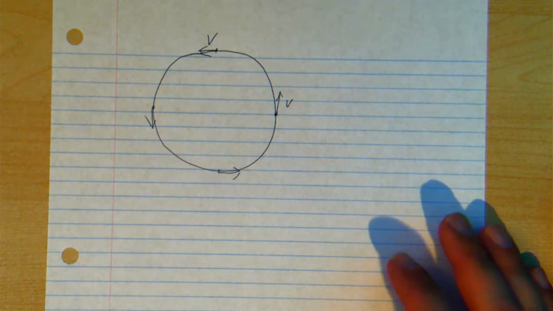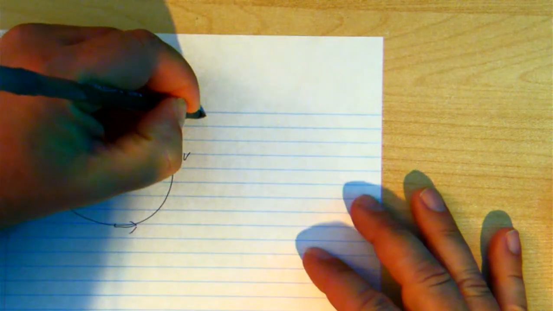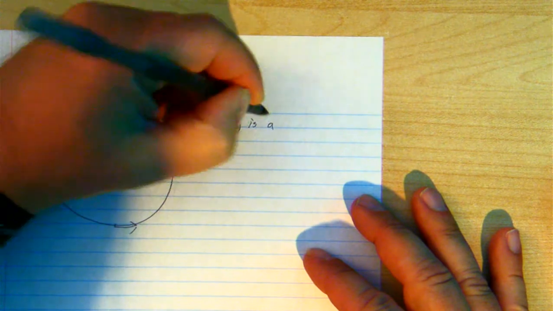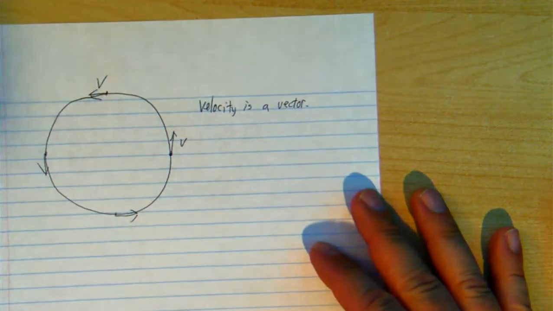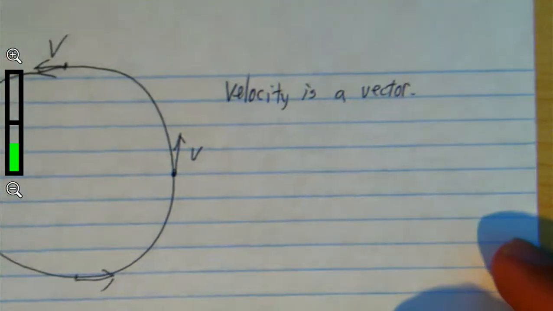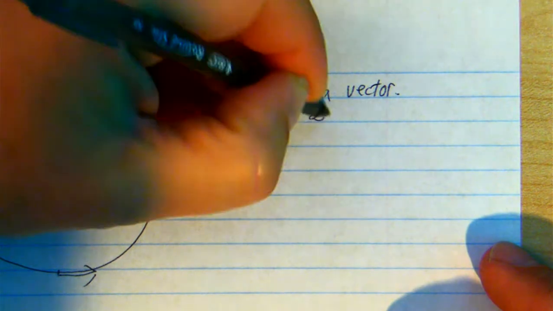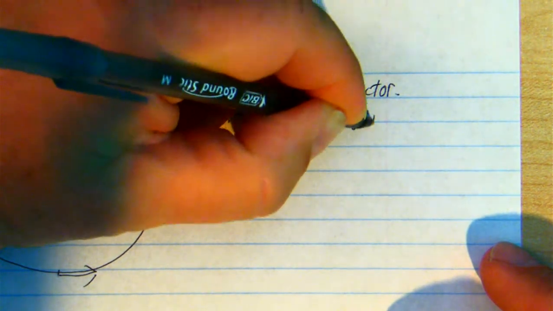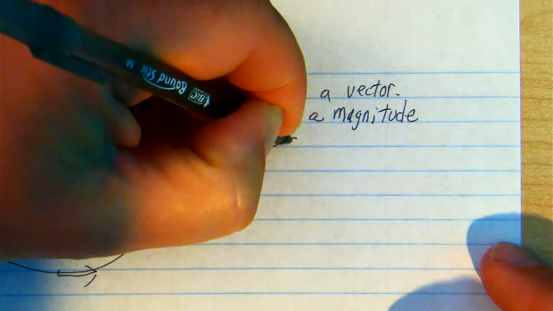Okay, so time for something educationally new. Velocity is a vector. And what that means, as a reminder, is a vector is a magnitude and a direction.